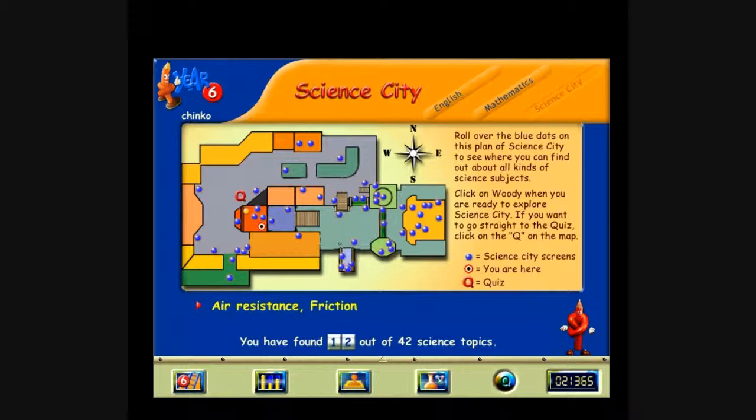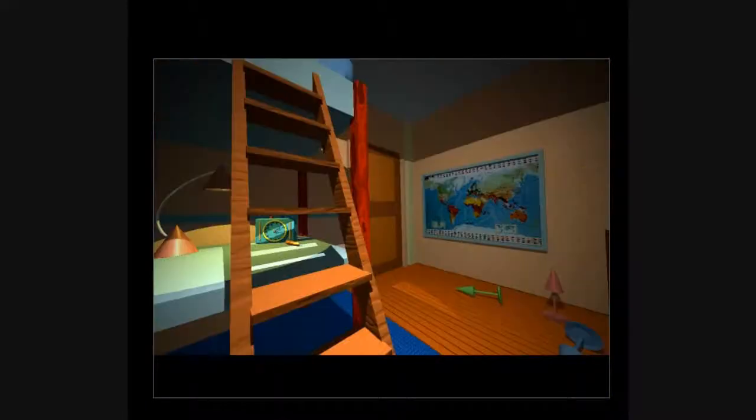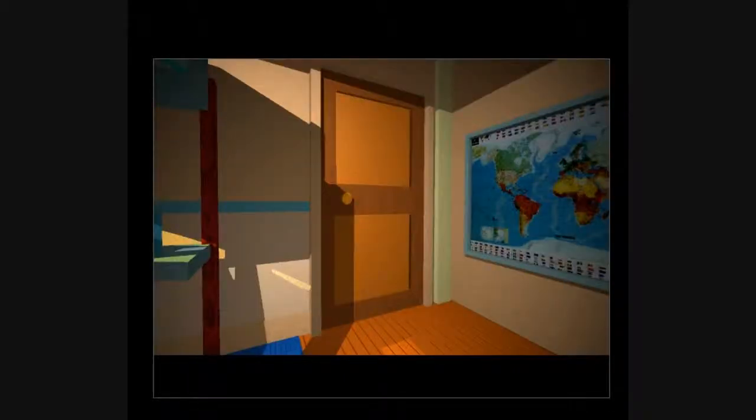I did that. Air resistance, friction. I never did that, did I? I remember the radiator of the Earth, but air resistance, friction. I don't remember that. It's hidden somewhere.